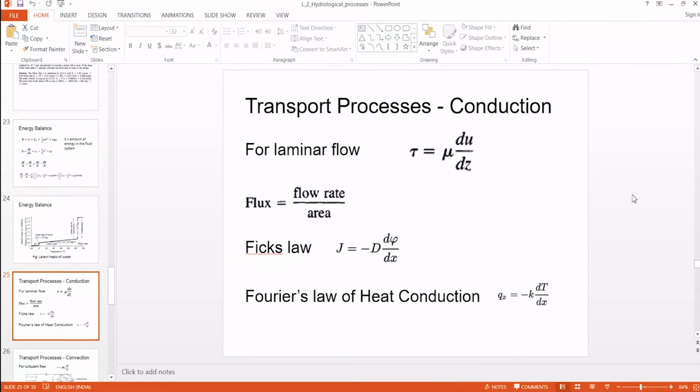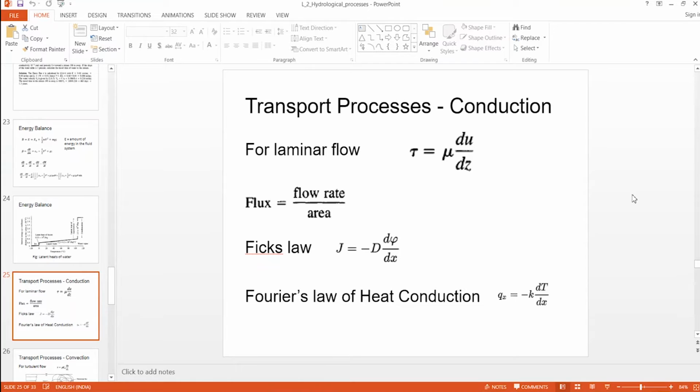When heat energy is transferred from one location to another, the transportation takes place in three ways. The first one is conduction, then convection, and the third one is radiation. So how does energy transport take place in conduction?